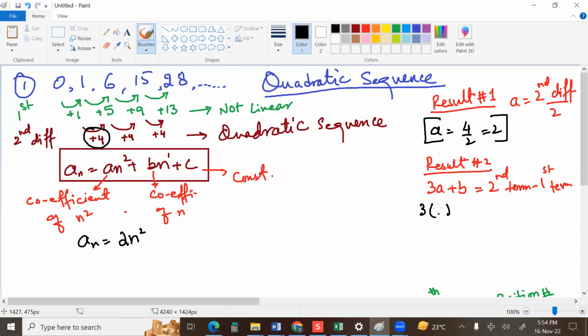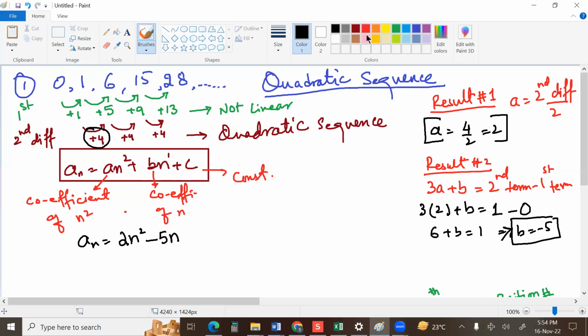A is already found to be 2, plus B. Second term here is 1 and first term is 0. So 6 plus B is equal to 1 and that gives me the value of B which is equal to negative 5. Another variable that I gave myself and I've got the value of that. So B is negative 5 and is multiplied with that.